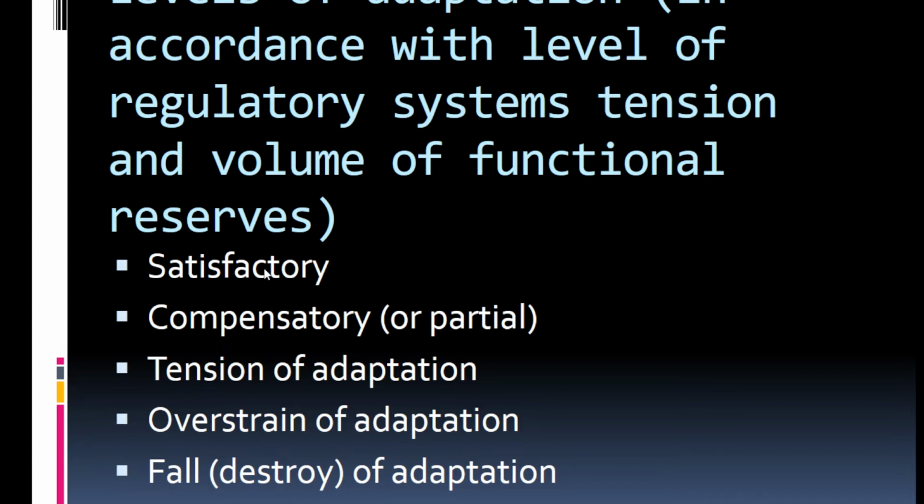Of course, at the first level we have the most volume of functional reserves and the lowest energy expenditure, which permit us to maintain our health in equilibrium with the external environment.